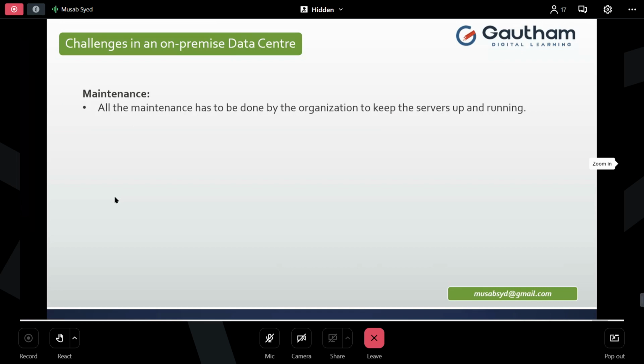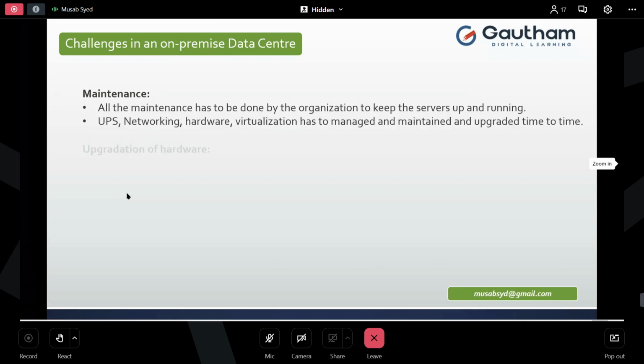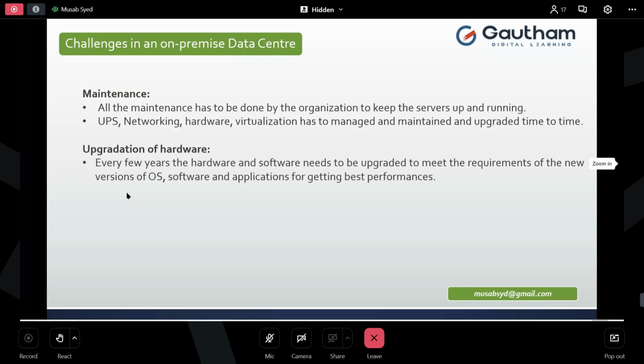And one big challenge, guys, chalo, maintenance somehow we will do. One big challenge was upgrading hardware. Maybe for 4 or 5 years there is no big maintenance. RAMs are working fine, CPUs are working fine, disks are fine, UPS are fine. But there is a life for hardware.